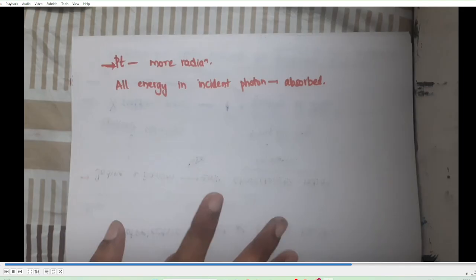In summary, the likelihood of photoelectric interaction depends on two factors: the energy of radiation and the atomic number of the absorber. The photoelectric reaction is more common with low energy photons and absorbers of high atomic number.